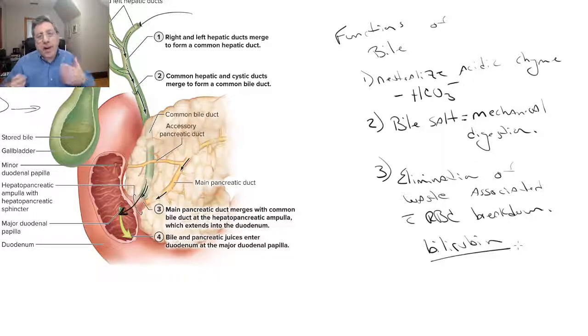Okay, and that's the waste product, which is a bile pigment that gets into the bile and ends up being excreted out. So those are your basic functions of bile, where it comes from, and how it gets into the small intestine. Next up, we're going to look at the pancreas. A brief look at what the pancreatic juices are, what those do, and we'll go from there. Stay tuned.